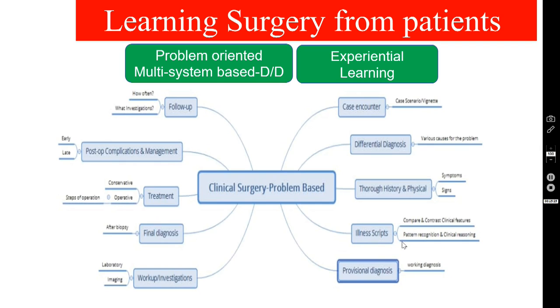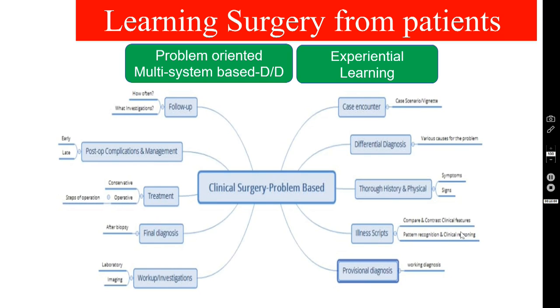Then you have to recognize the disease, pattern recognition it is called. What is the pattern of a particular disease, or what is the hallmark symptom or sign of a particular disease that will help to differentiate this disease from the other disease which is also presenting similar to this problem? And this is what is called clinical reasoning, and this is the single most important skill you should acquire during your clinical posting.